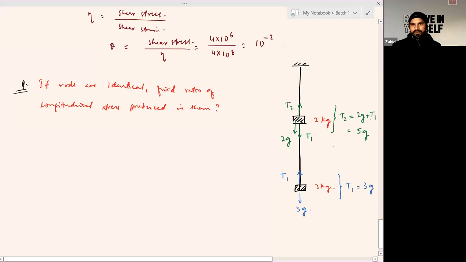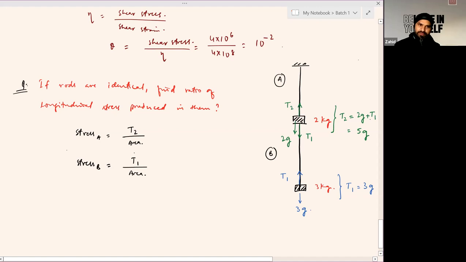Now, on the basis of this deforming force, we may define stress. Let's say this is wire first, A, this is wire second, B. So stress in the first wire equals the deforming force in the first, that will be T2, divided by area of cross section. Stress in the second wire B equals the deforming force, that will be due to tension T1, divided by area of cross section.